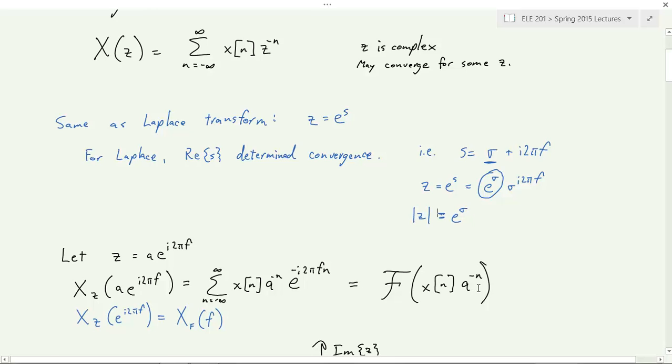So again, just like the Laplace transform, we are reshaping our signal by multiplying it by an exponential function and then taking a Fourier transform. The particular reshaping just depends on the magnitude of Z, this A parameter.